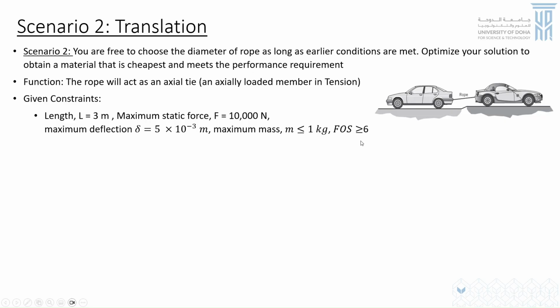We chose a very large factor of safety of greater than 6, and this was because we expect this cable to be used in a dynamic scenario where one of the cars will be stationary and the other car will ramp up the velocity.